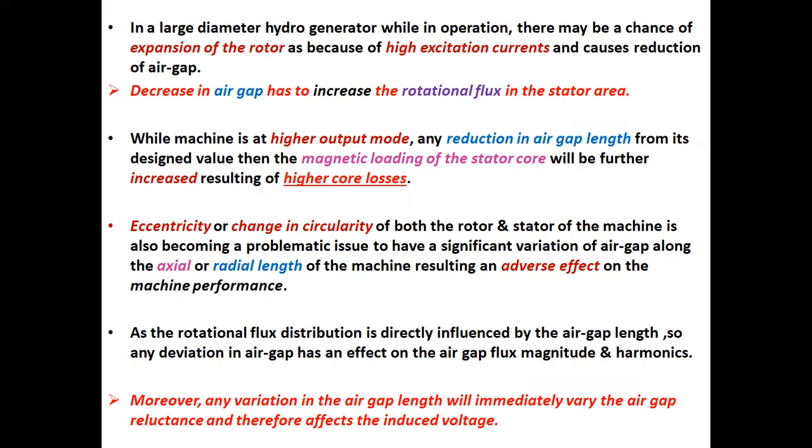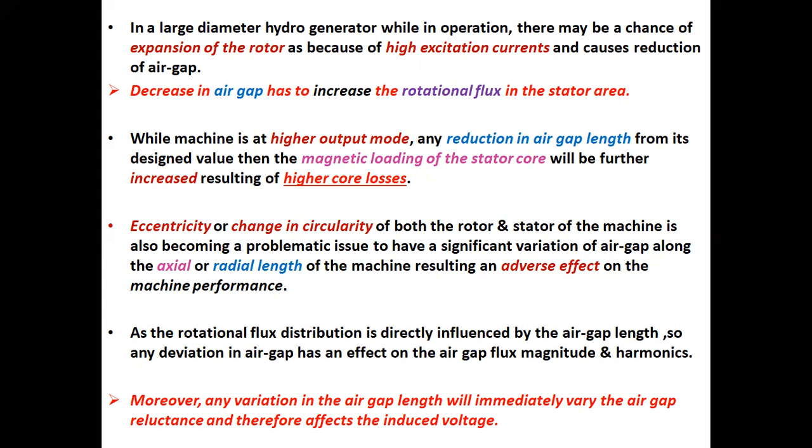While the machine is in higher output mode, any reduction in air gap length from its design value further increases the magnetic loading of the stator core, resulting in higher core losses.